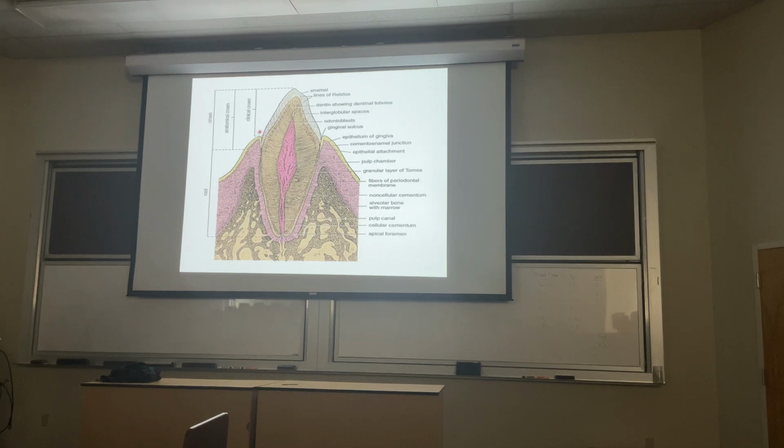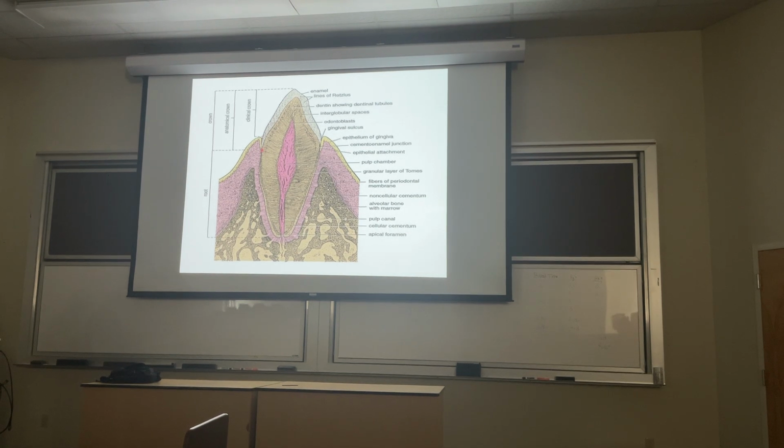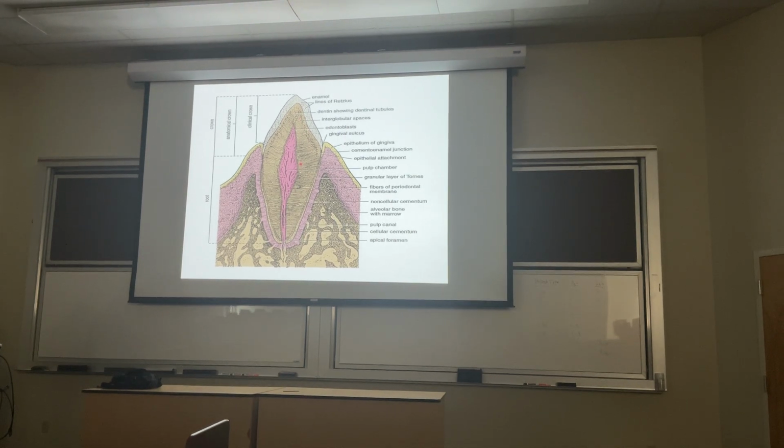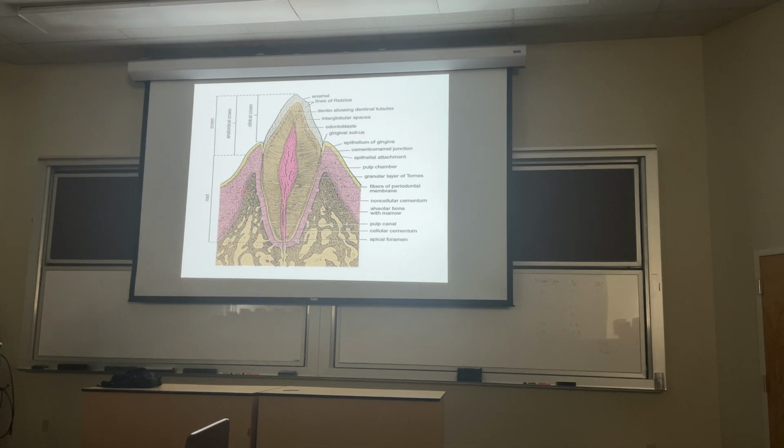This shows the clinical crown coming from here up. The anatomical crown comes from all the way where the enamel goes up. And again, the enamel, the dentin, the pulp, the alveolar bone, periodontal ligament.